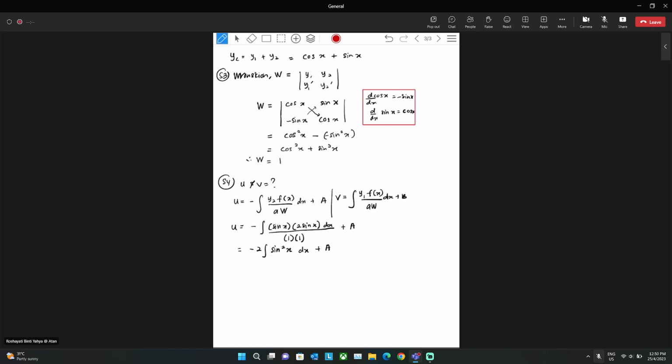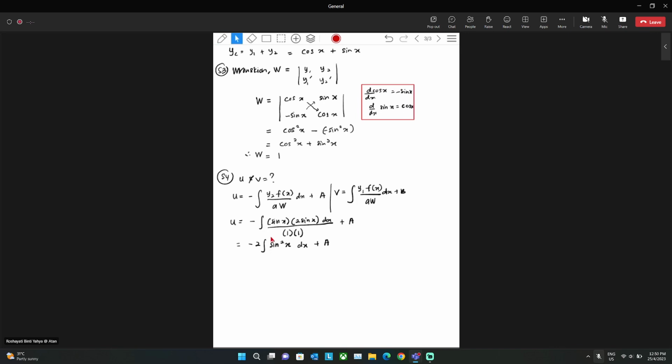How can you play around with sine squared x here? If you still remember, we have cos(A plus B) equal to cos A cos B minus sine A sine B. But now, how about if you have cos(A plus A)?